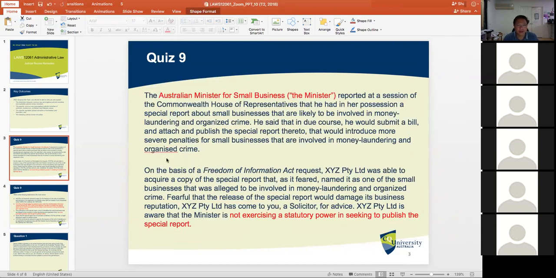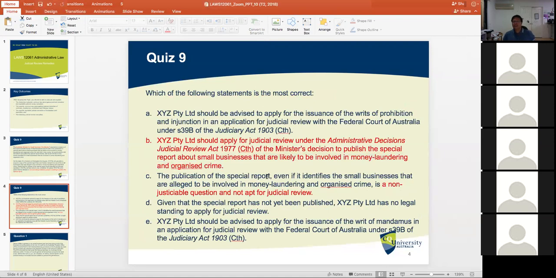Because remember what had happened here is there is an attempt to publish a report that could be clearly damaging to the reputation and to the rights of a company. Does that involve a non-justiciable question? What exactly is a non-justiciable question? What do we remember about justiciability? What at its core does justiciability mean?